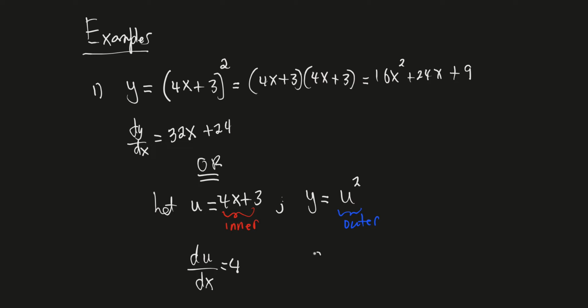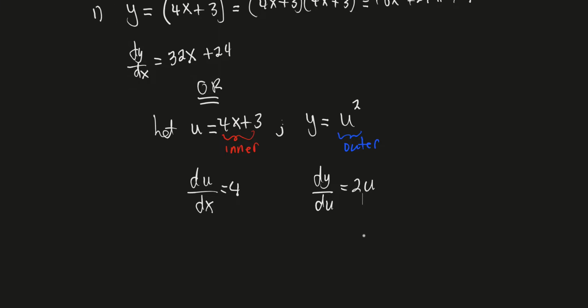Then let's write down dy du. Again, use the power rule. This time, bring the 2 down, keep the u, and subtract 1 from that power, so we have the power of 1. So the chain rule says my derivative dy dx is equal to the product of these two things. So it's 4 times 2u.